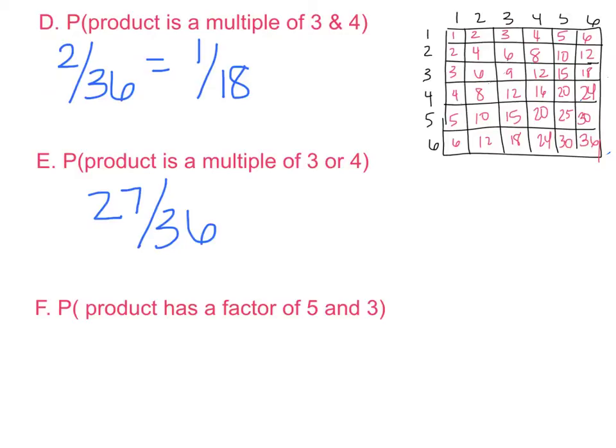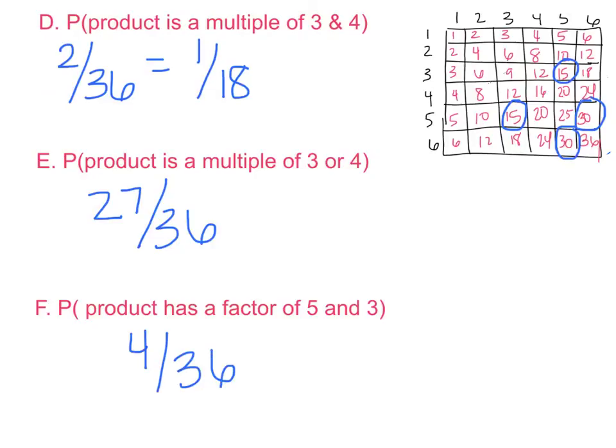We see that one time here and one time here. And then what else is going to be of 3 and 5? We have 30, because 5 times 6 is 30 and 3 times 5 is 15. And that's going to be all of our options. So we have 4 out of 36.